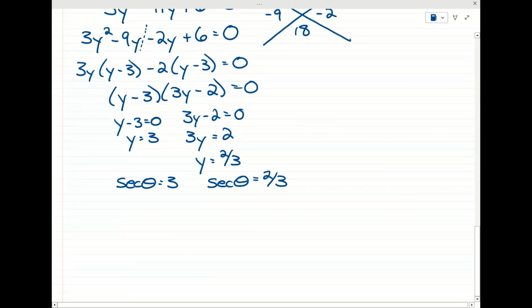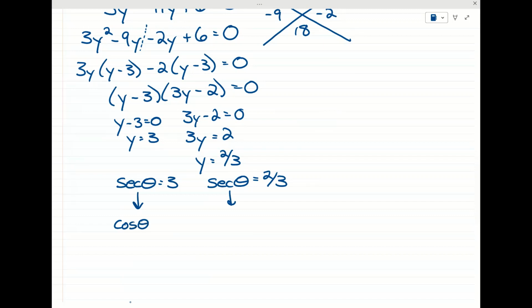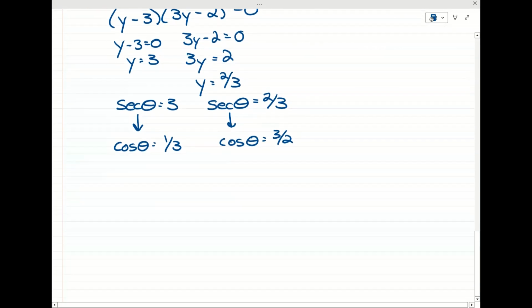And our brains don't usually work with secant, so let's just convert these to cosine. The way we convert to cosine is we could take the reciprocal. This would be cosine of 1/3. This would be the cosine of 3/2. And then we have to figure out what angle gives us these.